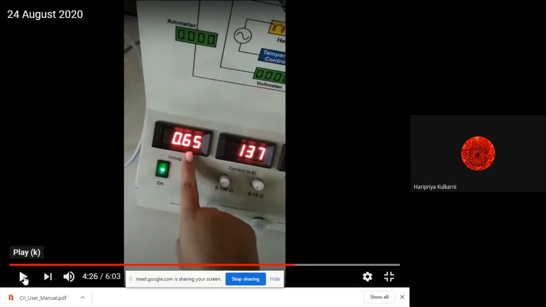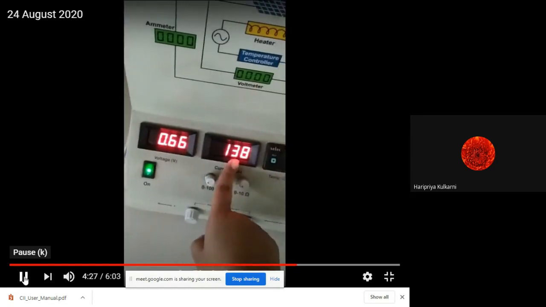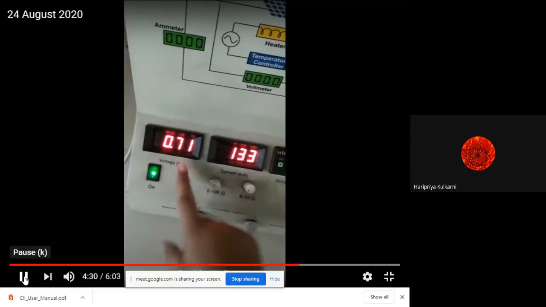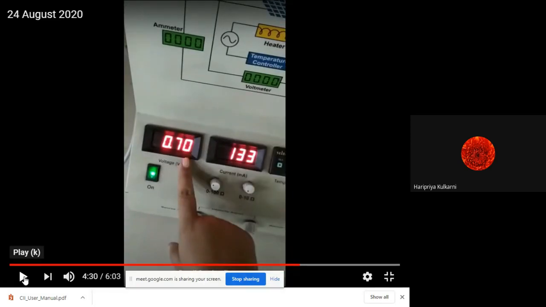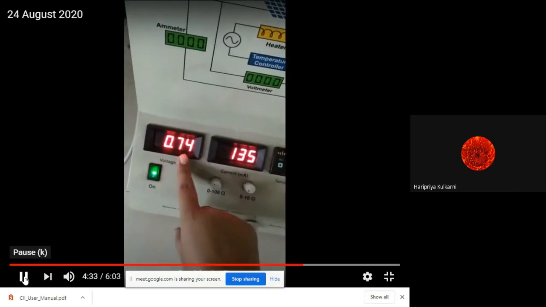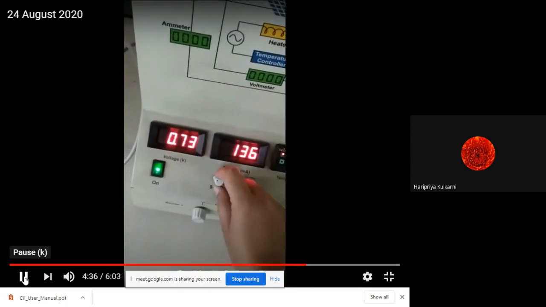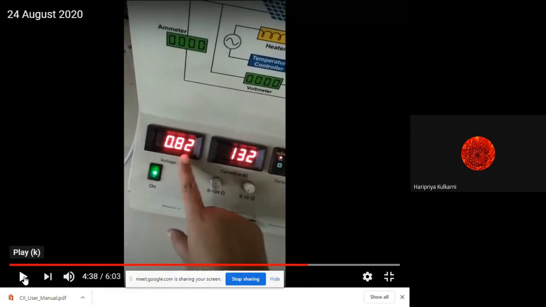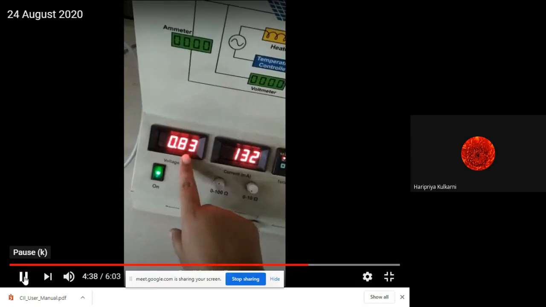Next reading, by varying the load, we'll try to adjust 0.6. So we have got the reading 0.65 volt, 137 milliampere. Okay, noted down. Let us vary the load again. 0.7 volt, 133 milliampere. Next reading 0.82 volt, 132 milliampere.